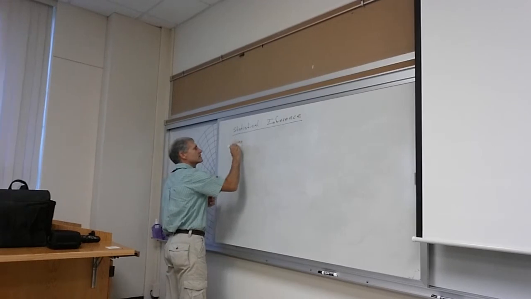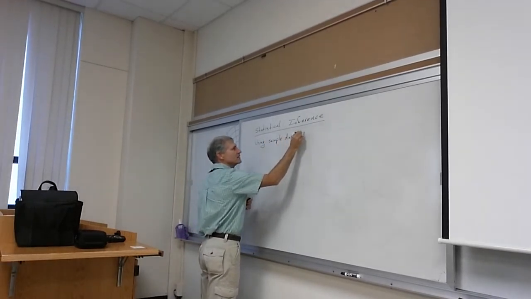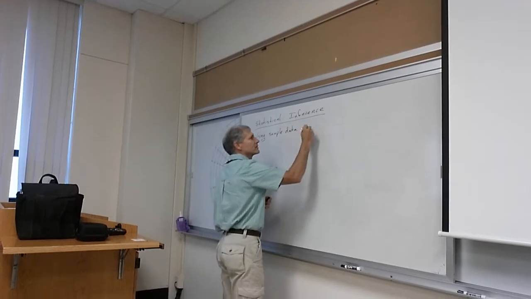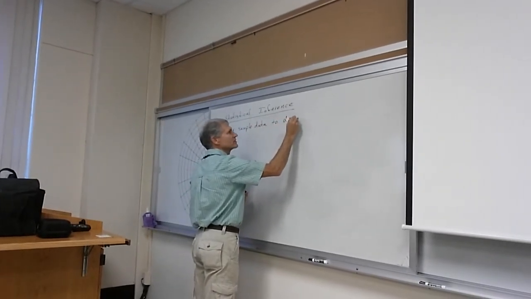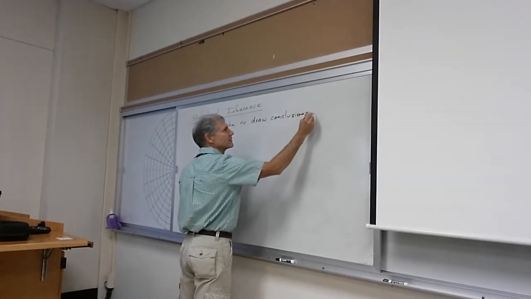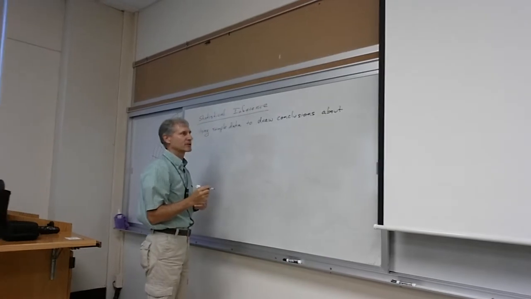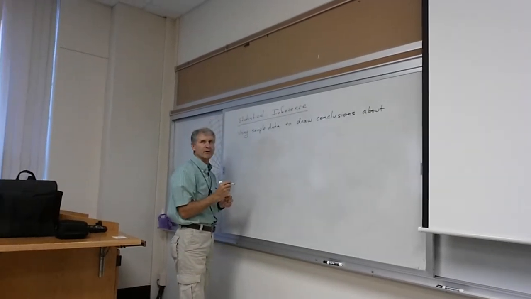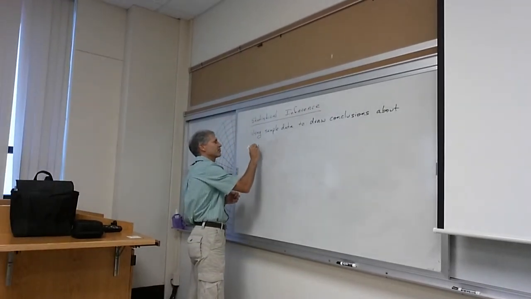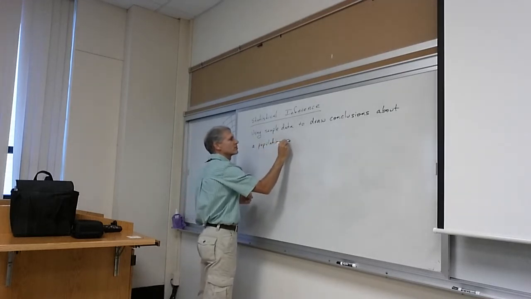Using sample data to draw conclusions about the population. And when we say in statistics about the population, it means about some parameter of the population, about a population parameter.